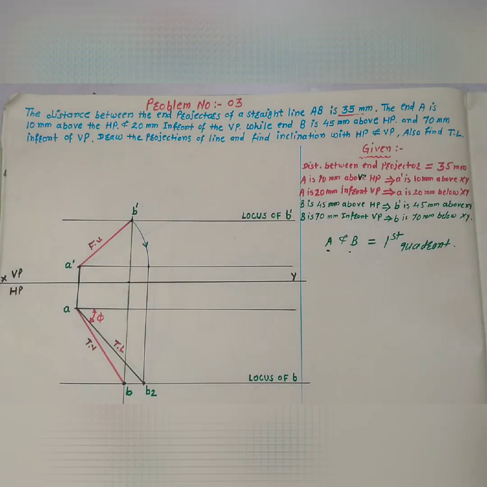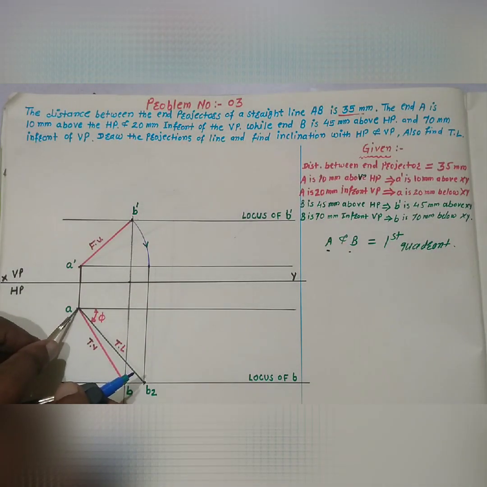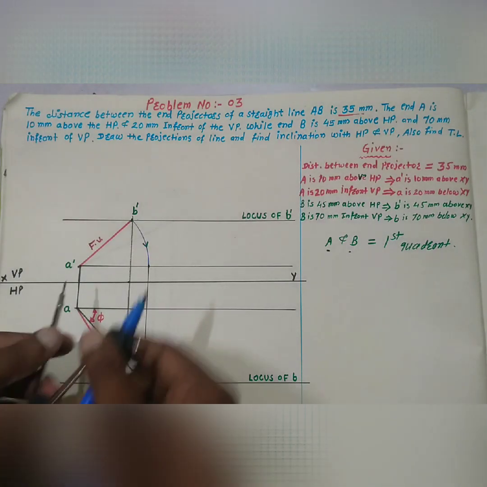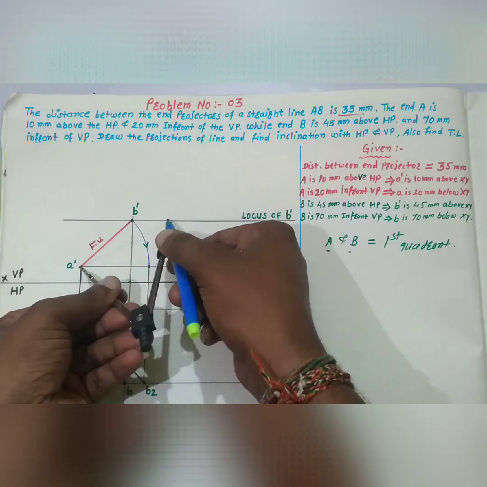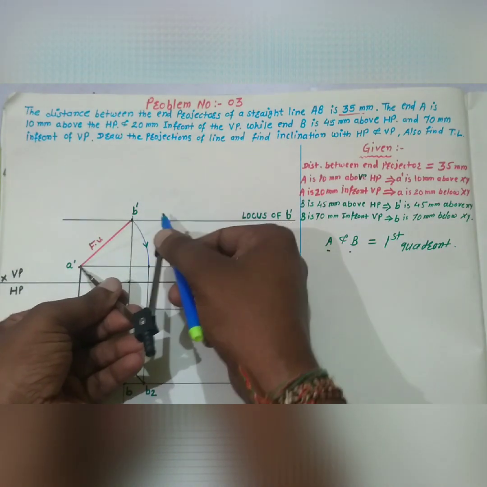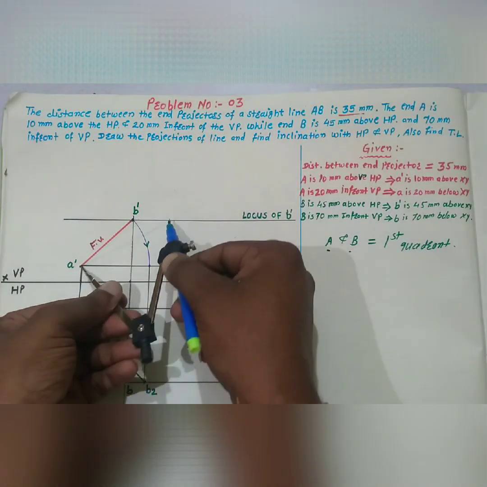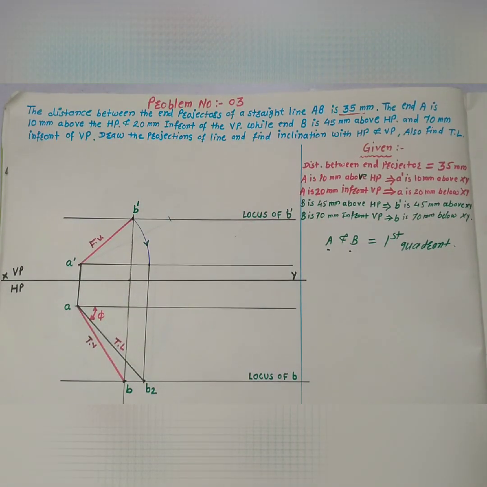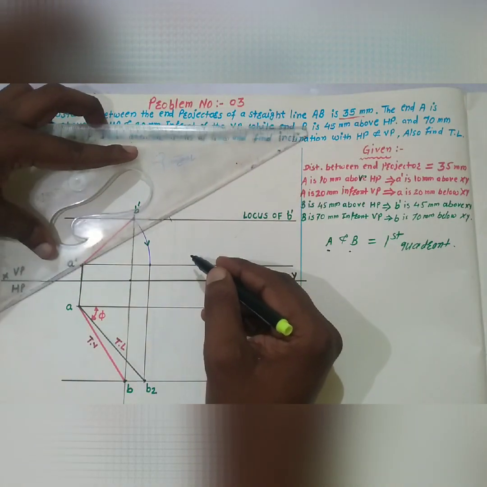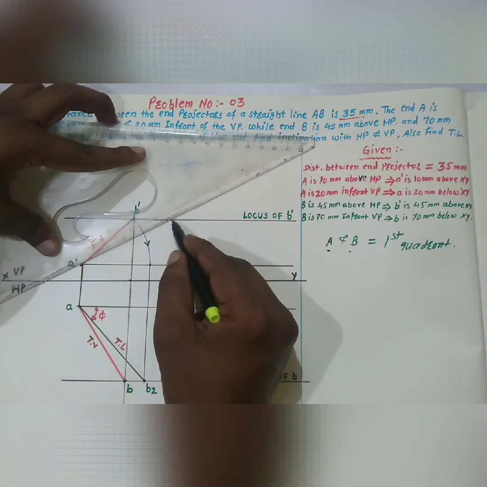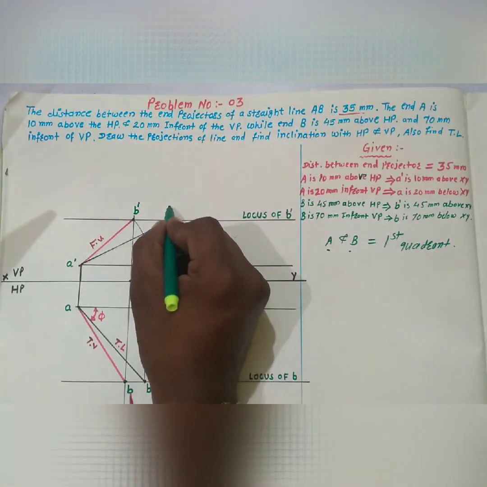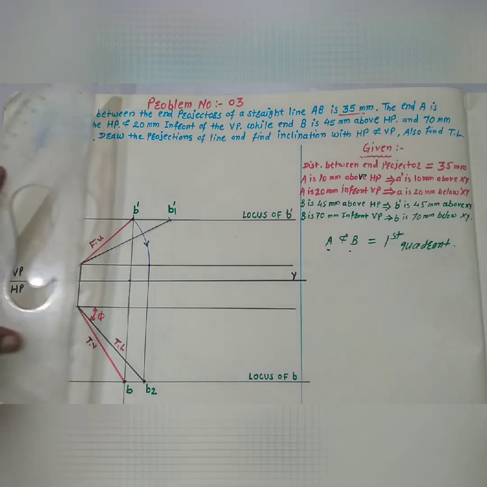Now take this true length in the compass, and from point A dash cut the locus of B dash, so you will get the B1 dash point.